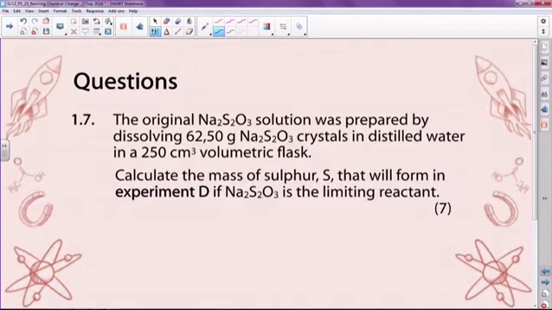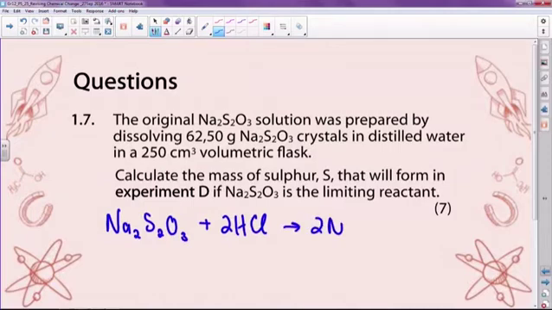Now, what I'm going to do is I'm going to help you out here because you don't have the question in front of you. This is the reaction equation, okay, because you need this. So there we go.